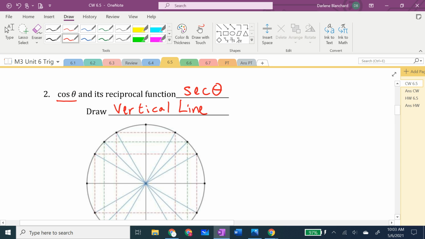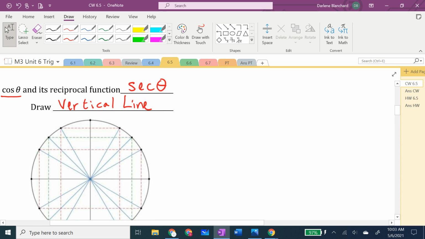So let's say, for example, that I ask you for the values of theta from 0 degrees to 360 degrees, but we're not including 360, only 0.